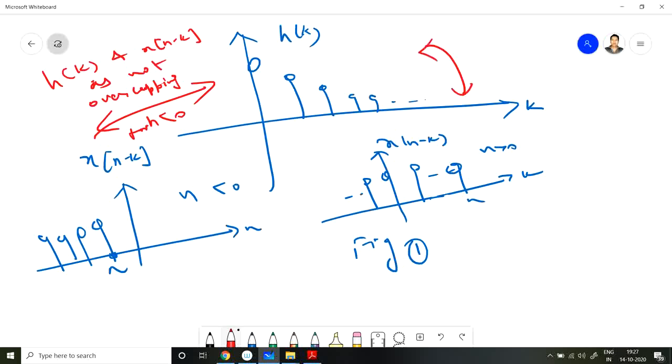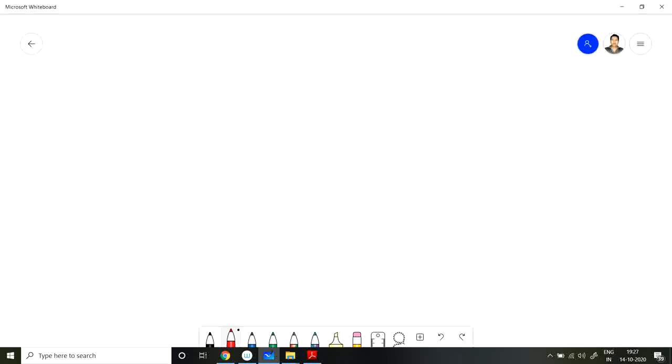And in this case, h[k] and x[n minus k] are overlapping for n greater than 0. So what is the conclusion?